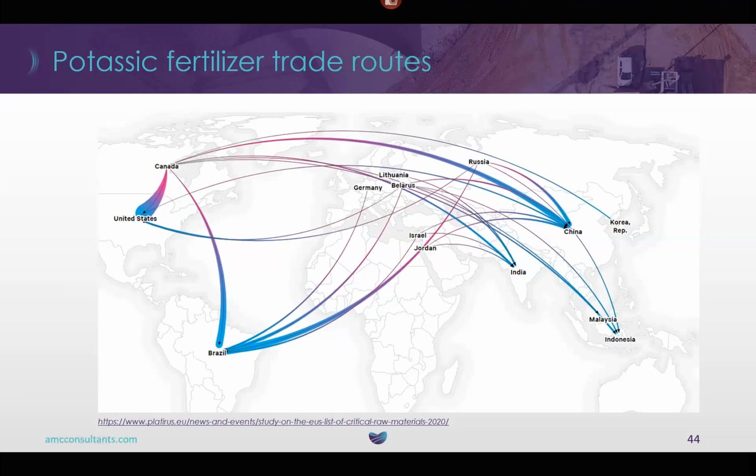So if there are any issues or uncertainty in terms of geopolitics, like the Russian invasion of Ukraine and sanctions against Russia, it means that Brazil, for example, has potential issues with supply. Russian potash tends to be slightly cheaper than Canadian potash.